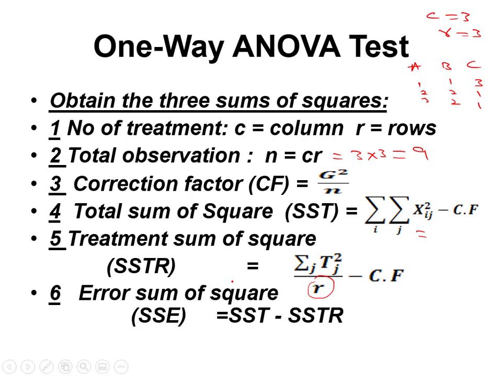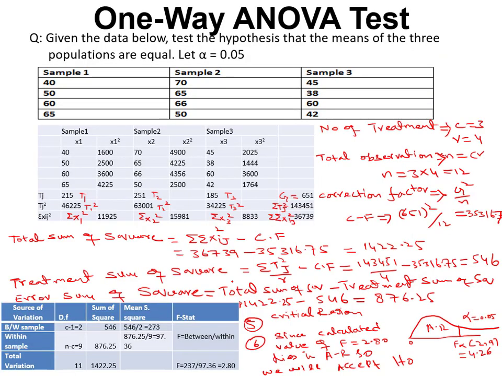In order to practically solve these things, I am just going to solve a very simple example. In this example, given the data below, test the hypothesis that the means of the 3 populations are equal. Let the level of significance be 0.05. Because they already mentioned that we have 3 sample data, 3 groups, it will be easier to use a one-way ANOVA instead of multiple t-tests.